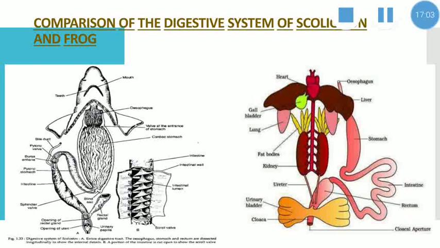In the case of Scoliodon, the pharynx is larger than the buccal cavity, and on either side there are spiracles, and 5 vertical gill slits are present. And in the case of the frog, the pharynx is smaller than the buccal cavity. It lacks spiracles and gill slits.